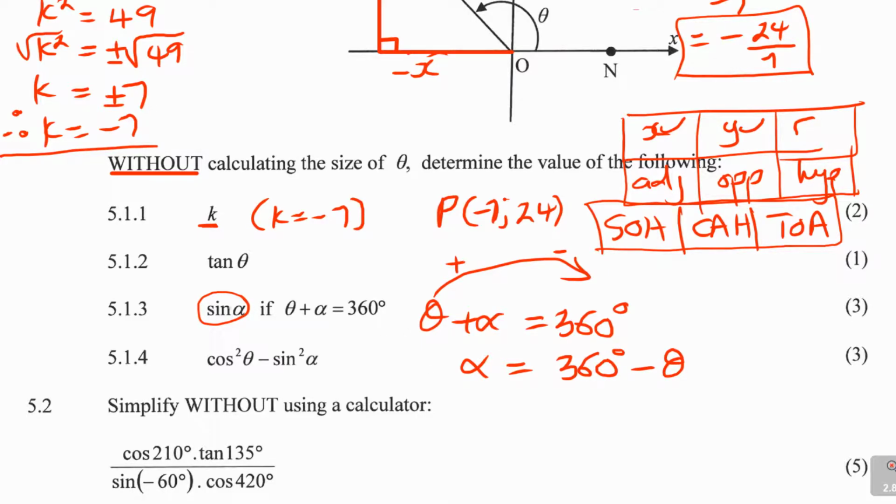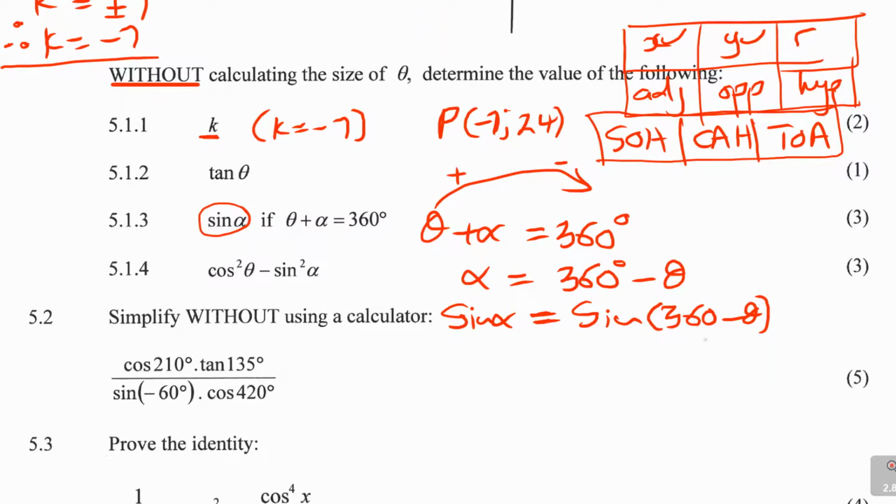Right, so now they want sine alpha. If I just put sine on both sides, remember what I do on the left, I do on the right. So if I say sine alpha, it will be equal to sine 360 minus theta. This now makes sense. And then we come to reduction rules here. That's where they wanted to catch us, is the reduction rules.